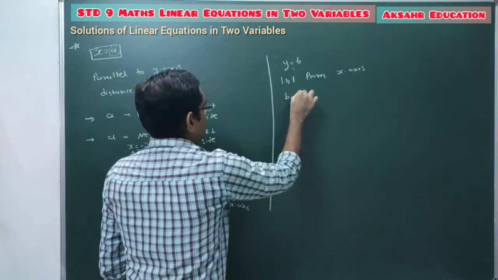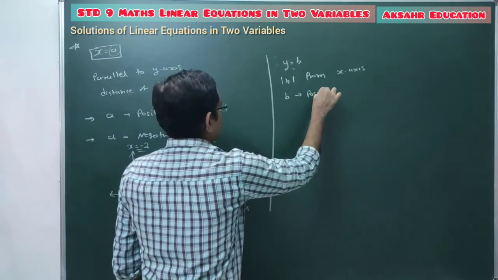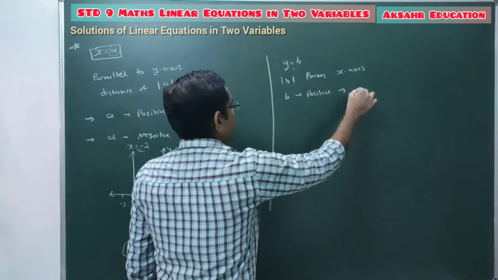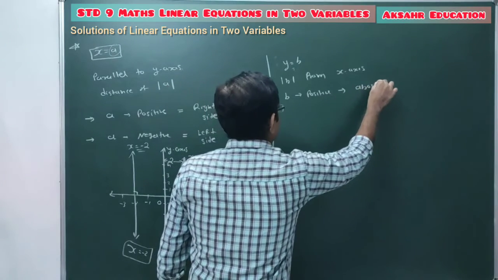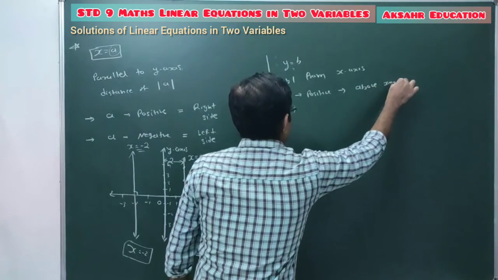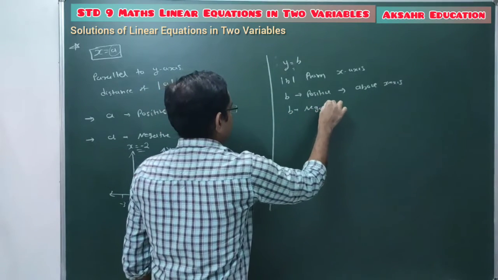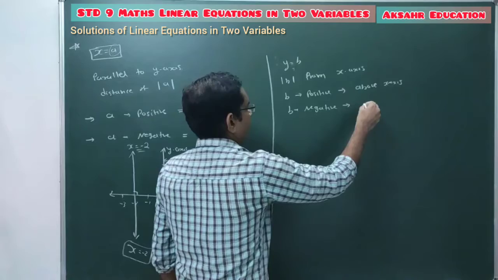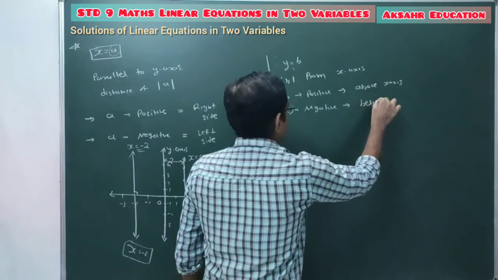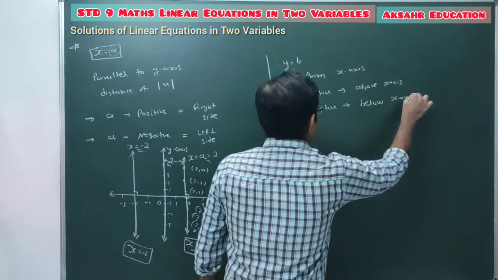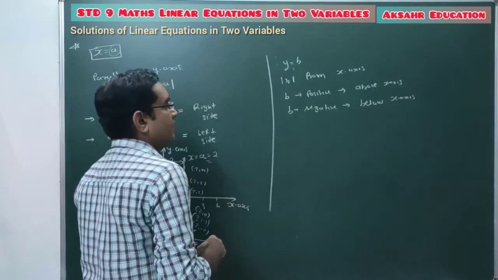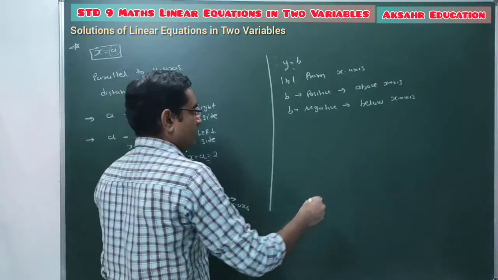If b is positive, then we get the line above x axis, and if b is negative, then we get the line below x axis. Done? So equation of line which is parallel to x axis is y = b.